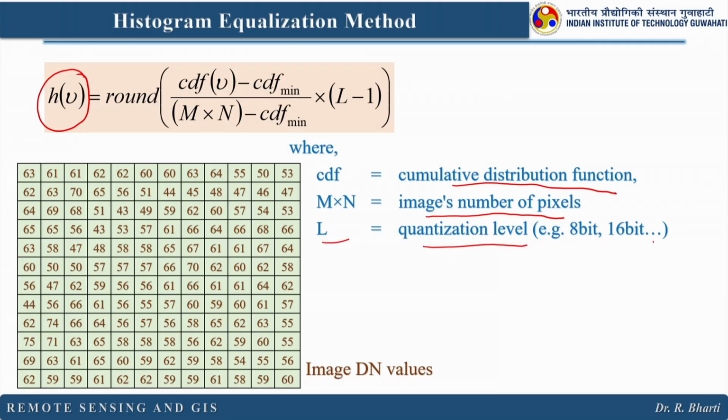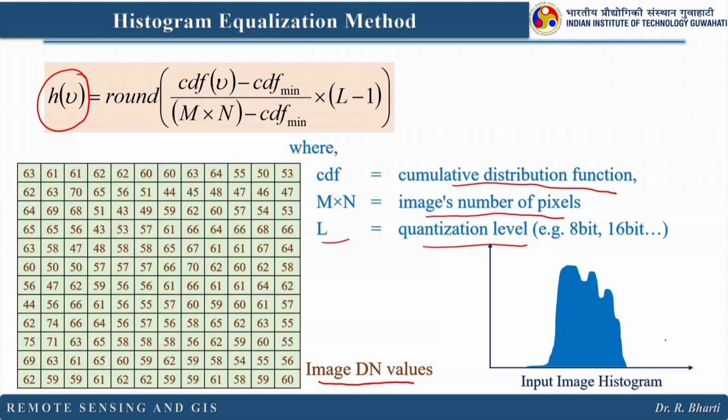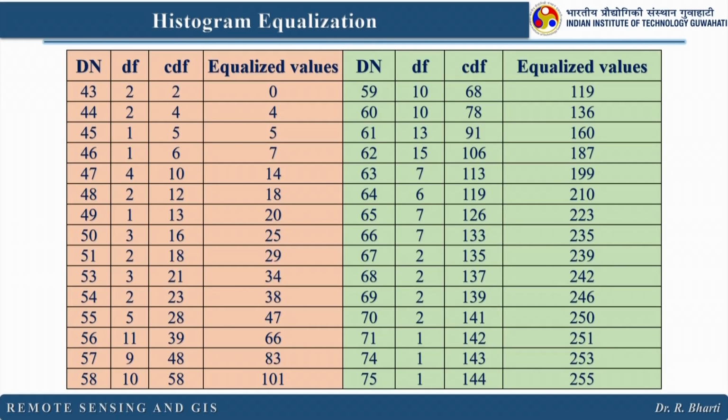So, in 8 bit, 16 bit, this value will keep on changing. This is one example where I am going to show the solution, where we have an image of DN values. This is basically an image, but I am looking at the values, and the histogram appears something like this. Now, with this image and histogram, how will we apply this formula? First of all, we need to identify unique DN values from the matrix.